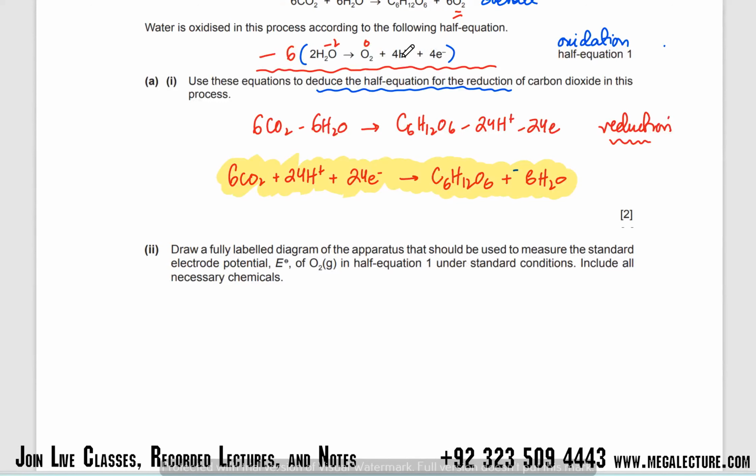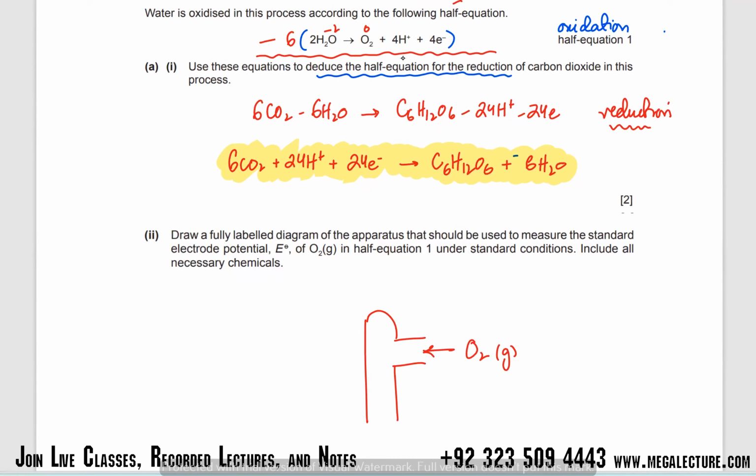So how do you draw gas electrodes? There's going to be a gas jar, which is going to have the oxygen gas, and everything else would be part of the solution. So there's H plus 1, so the solution is going to have H plus 1. That's going to be 1 mole per dm cube.